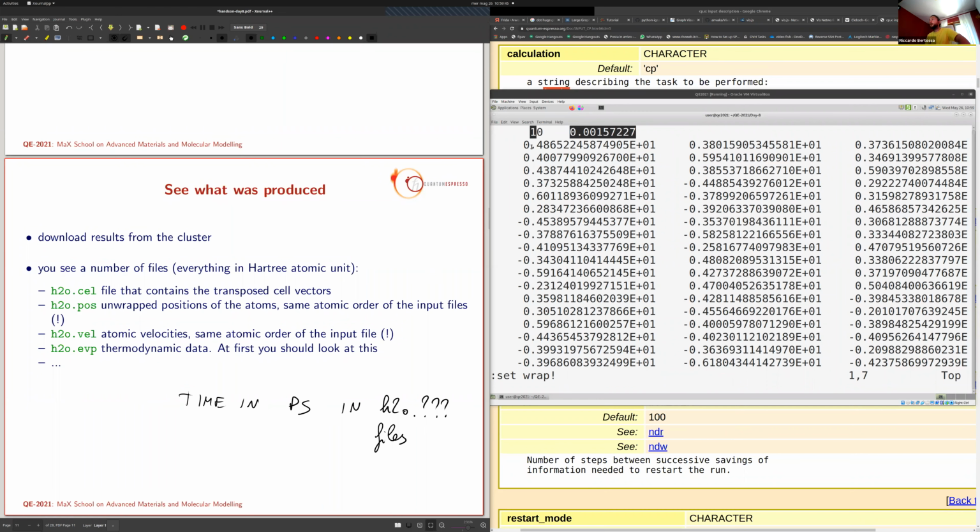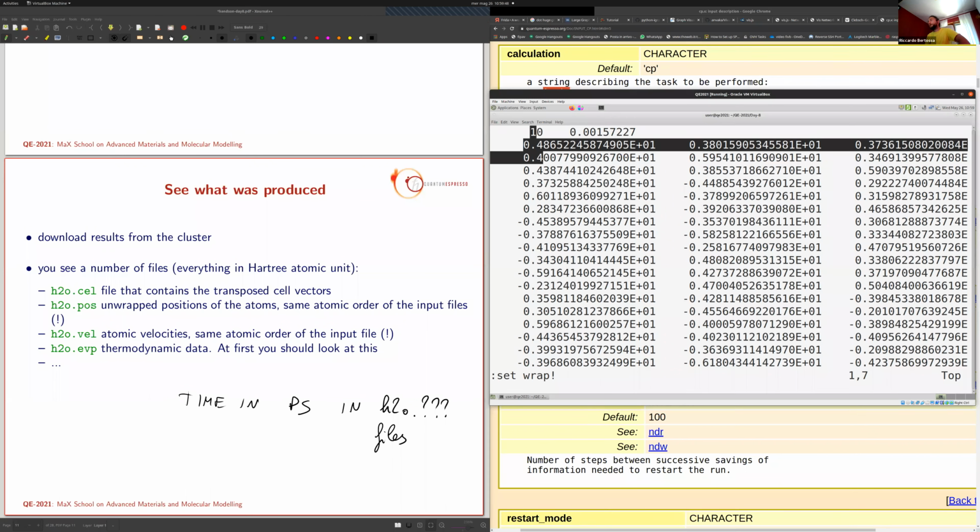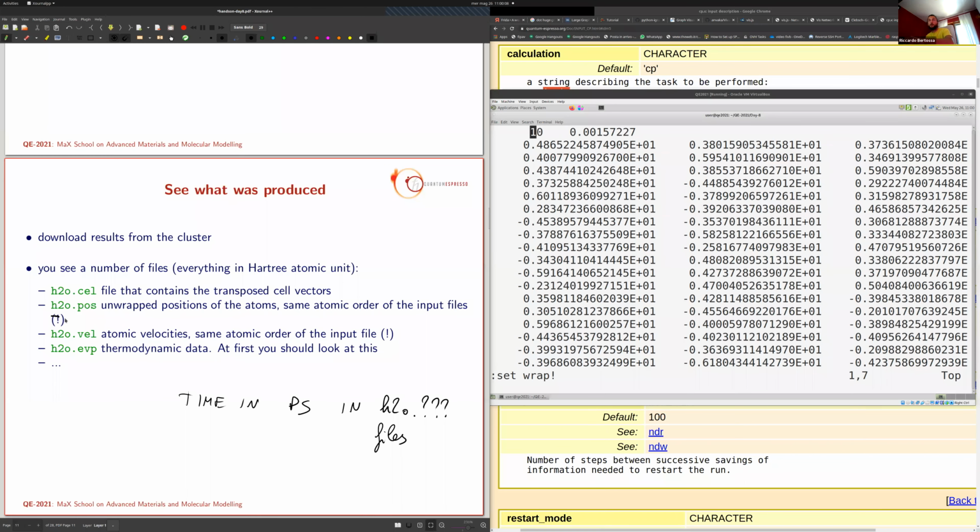The order of the positions is the same as the input file. So if you put the atoms in some order in the input file, here you find the same order. Note that I've written this sign here because this changed in version 6.6. Before they were sorted by type and then by input file. In the last version, it is the most intuitive way of writing them.